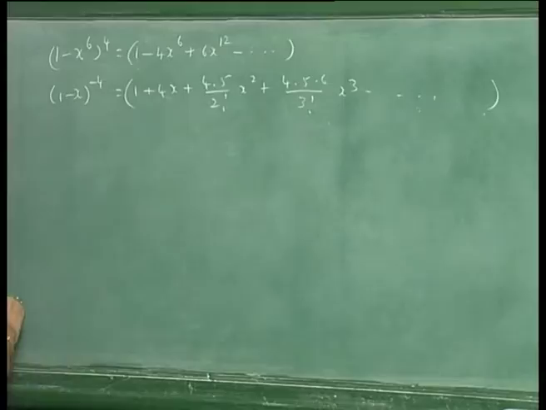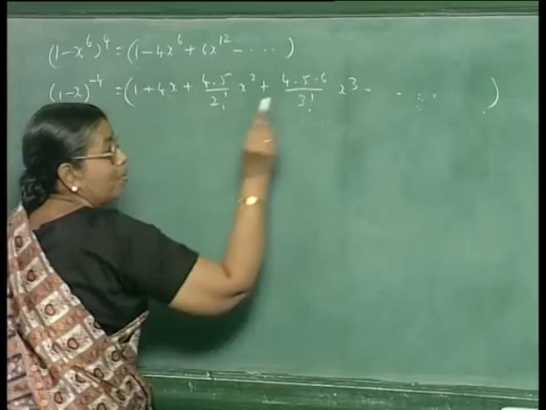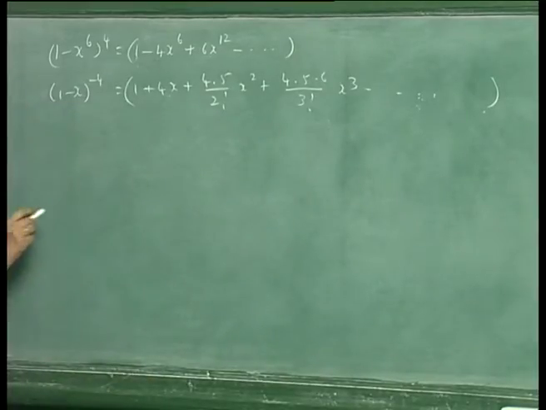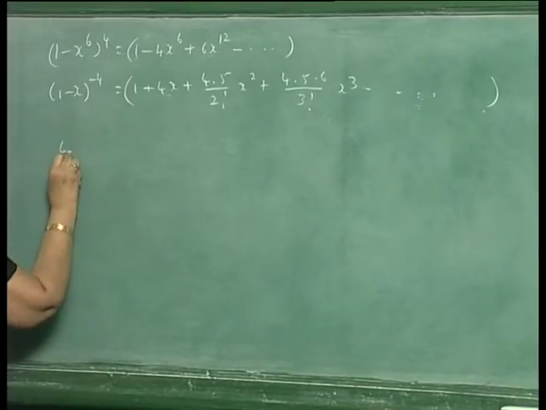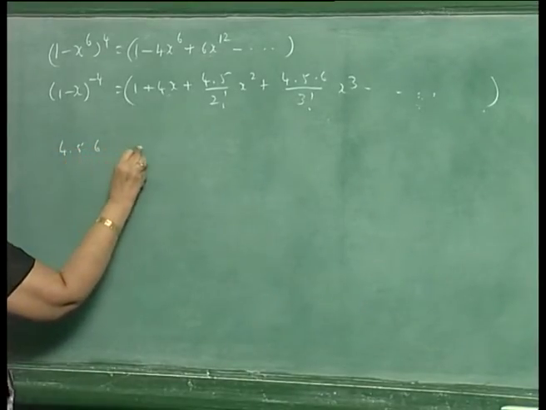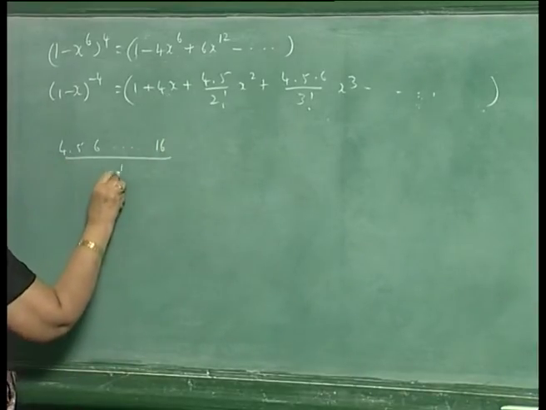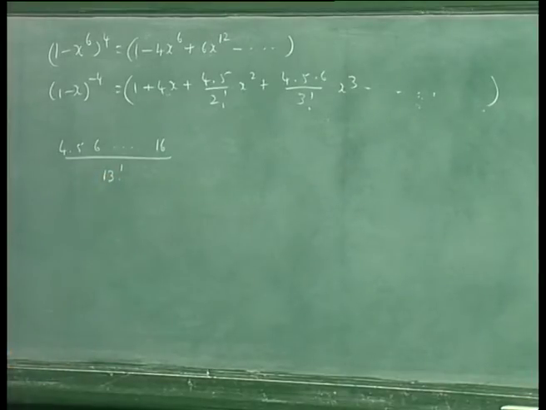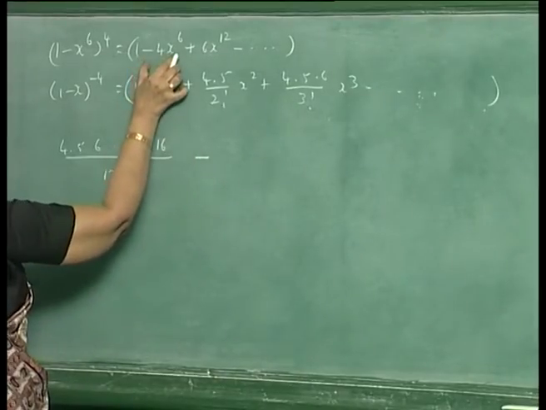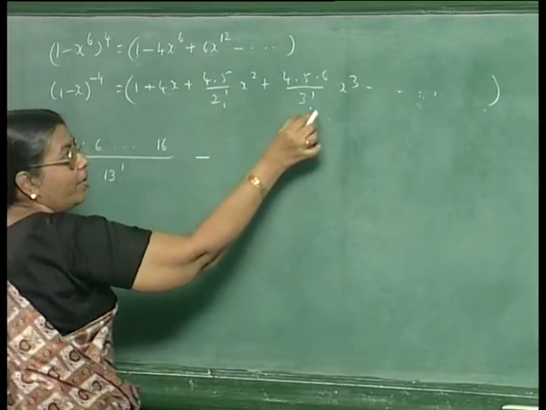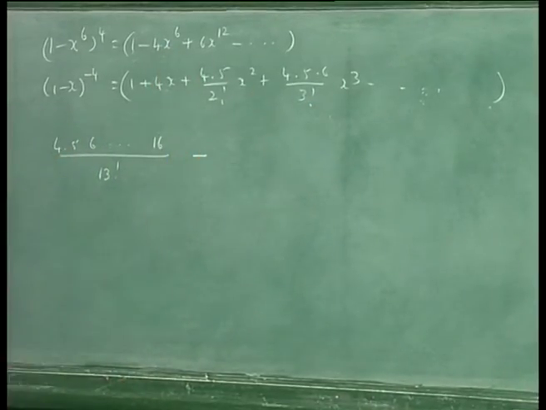So, let us add those coefficients. If you multiply this 1 by the coefficient of x power 13 here, what will be the coefficient of x power 13 in this expansion? That will be 4 into 5 into 6 up to 16 by 13 factorial, because we are considering the coefficient of x power 13, then minus the product of this term with the coefficient of x power 7 here. x power 6 and x power 7 will give you x power 13.